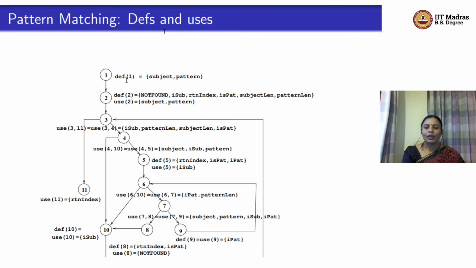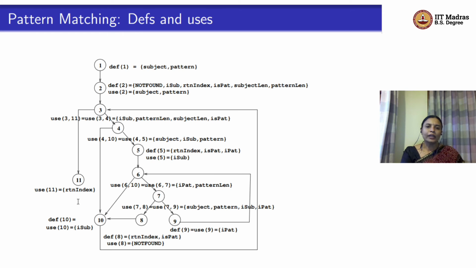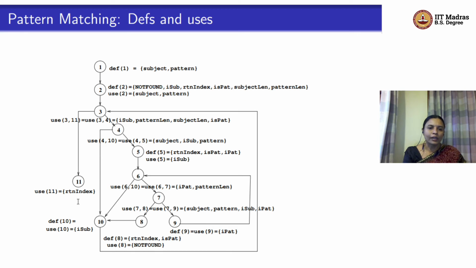And because they are being passed, this node represents the definition of this node is subject and pattern. That's what is written here. Parameter subject and pattern are forwarded parameters and hence considered to be explicitly defined at node 1. Similarly, other definitions are given here. Like for example, at 10, I sub is marked as I sub plus plus.